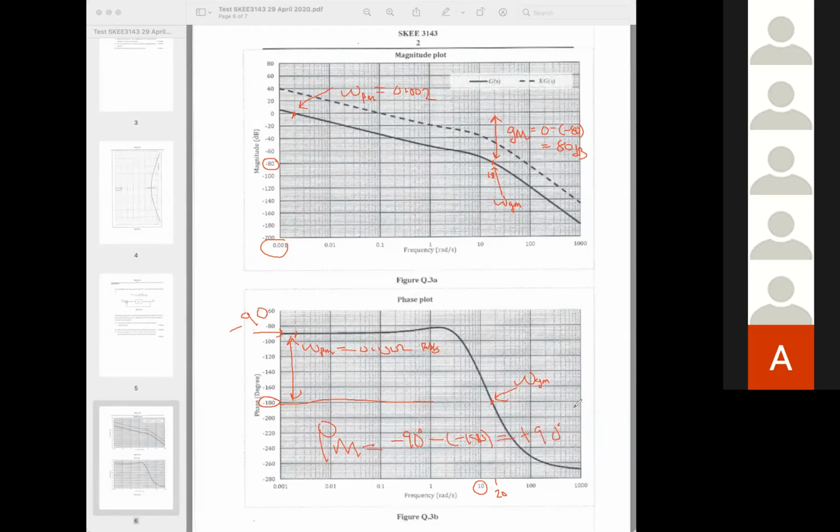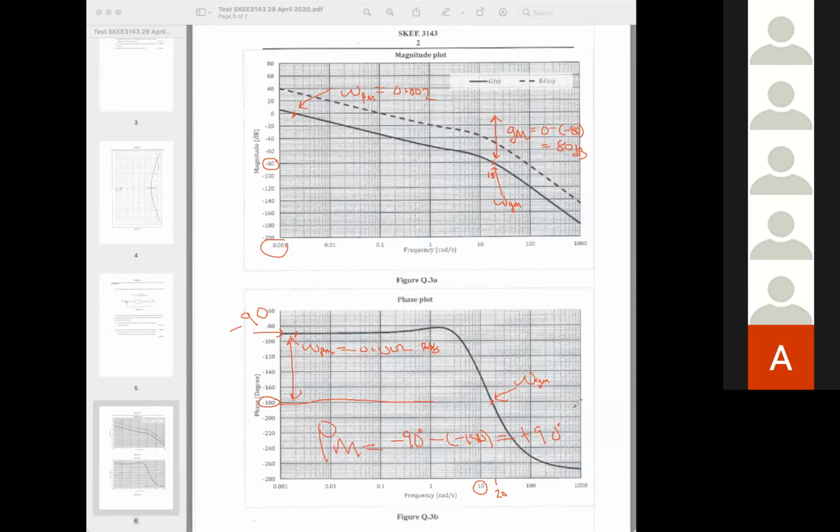So what is the conclusion? Stable, not stable, or critical? Azira? Stable. Azira, what is the value of omega GM? 18, right?